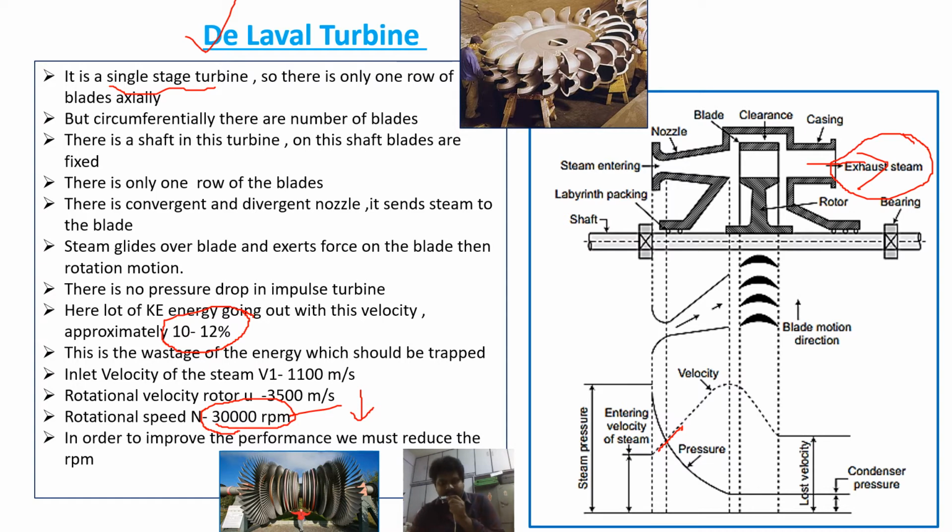That we will discuss in the coming slide. Before that, let us see the velocity. Here the velocity of the steam is 1100 meter per second, and the speed of the blade is 3500 meter per second.